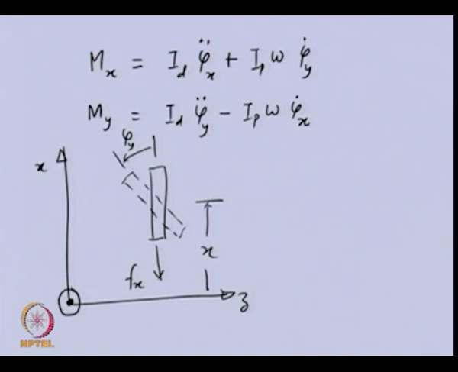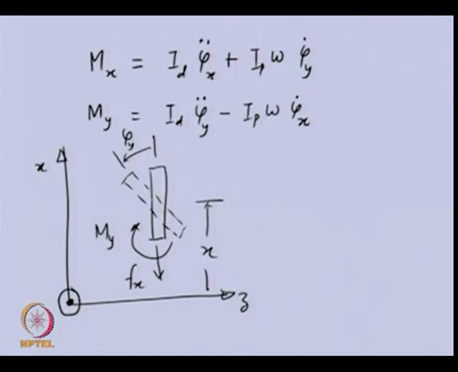Similarly, this is the elastic force which is coming from the shaft. Apart from that, we will have a moment about the y axis opposite to the angular displacement, and this elastic moment will basically be the reaction due to all the forces and moments which are acting on this disc.